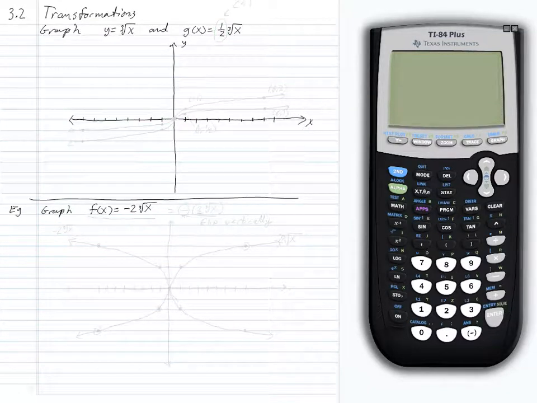Okay. Now my graph is a little bit cluttered, so I will make a new one on the next page. So again, we're going to base the graph of g of x off of the graph of y equals the cube root of x. And there we have the beginnings of our graph of the cube root function.